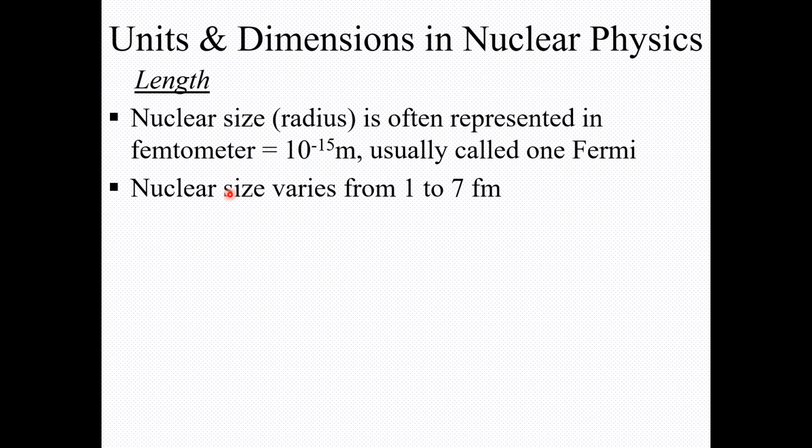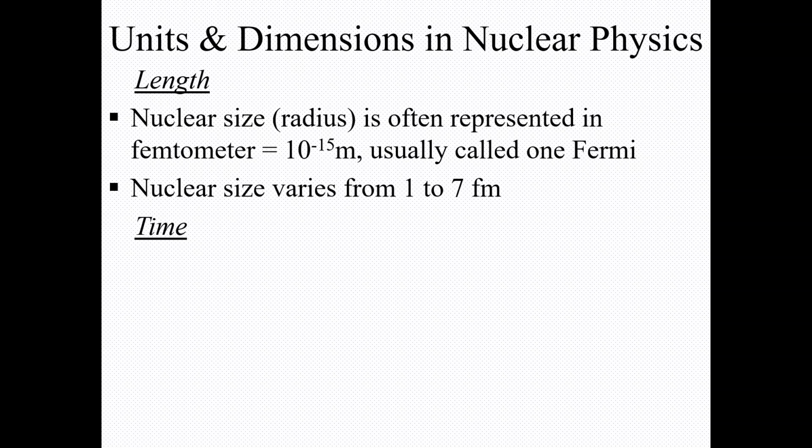You should also remember that the size of the nucleus varies from 1 to 7 femtometers. So what does it mean? It means that the nuclear size is not uniform. So a nucleus normally has a variable size that varies from 1 to 7 femtometers.